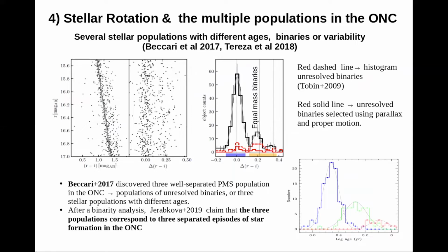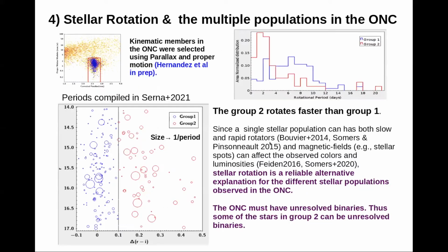In fact, it is only this small thing here. And when I do the selection and the cross-correlation with the stellar rotational period, I only have here that maybe the third population is correct.